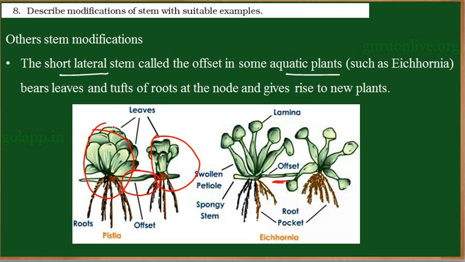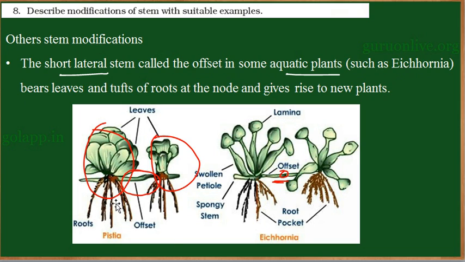In Eichhornia, the short lateral stems have tufts of roots at the node and give rise to new plants. So when the nodes are cut off, new leaves arise from here, so they help in vegetative propagation. So runners and offsets are again modified stems which help in vegetative propagation. A runner is an underground stem. It helps in penetration. In aquatic plants, similar to a runner, we find an offset.